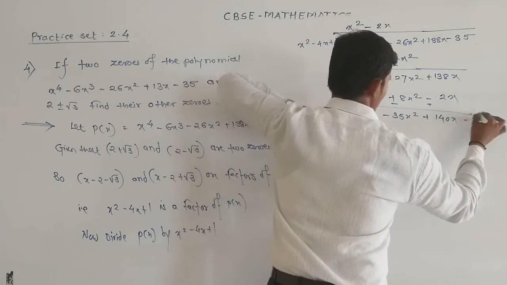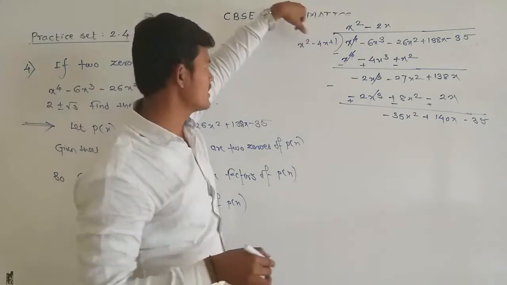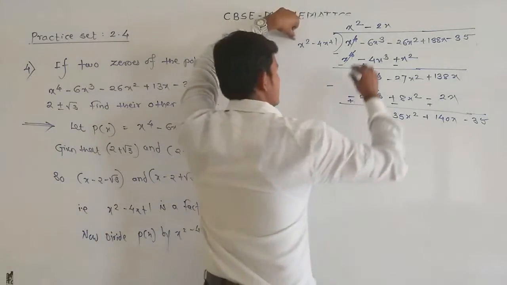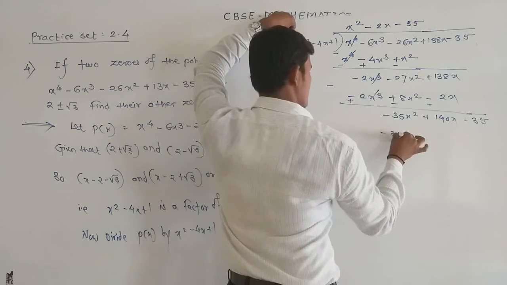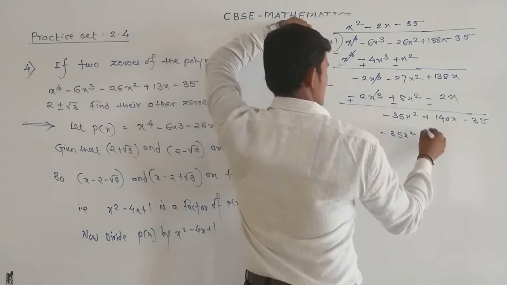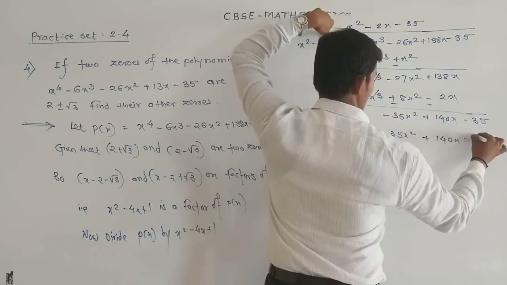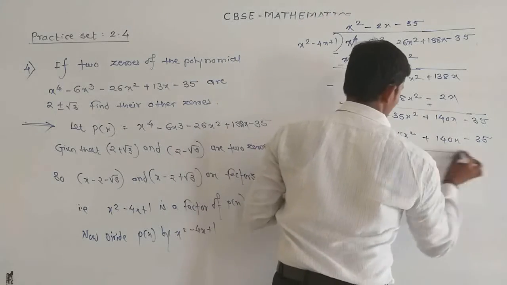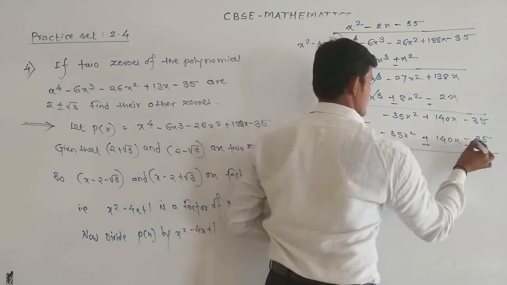Minus 35. Now we want minus 35x square. For that, multiply the divisor by minus 35. Minus 35 into x square, minus 35x square, minus 35 into minus 4x, plus 140x, minus 35 into 1, minus 35. Now here this operation is subtraction, so sign of second expression changes.